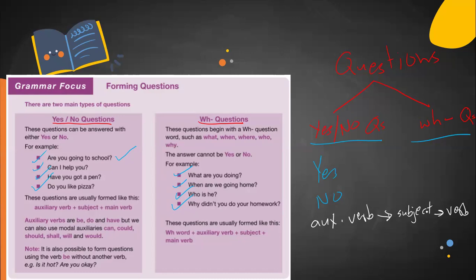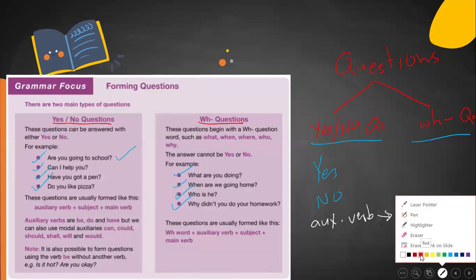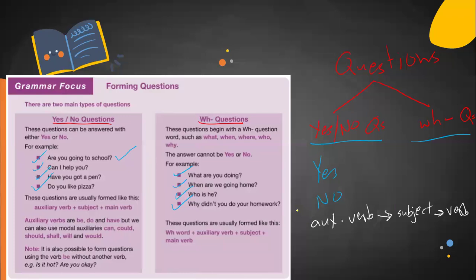Again, we start with the auxiliary verb, then the subject, after that the verb. What are the auxiliary verbs? We have do, does, did. We have verbs to be: am, is, are, was, were, can, could.